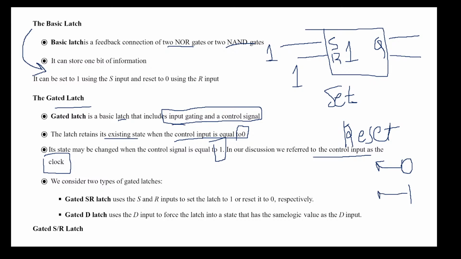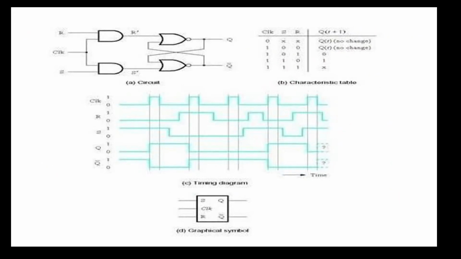But when the gate value is 1, anybody can enter the gate. Right, now there are two types of gated latches. First is an SR latch and second is a D latch. Now let's first look at the circuit diagram of a gated SR latch.